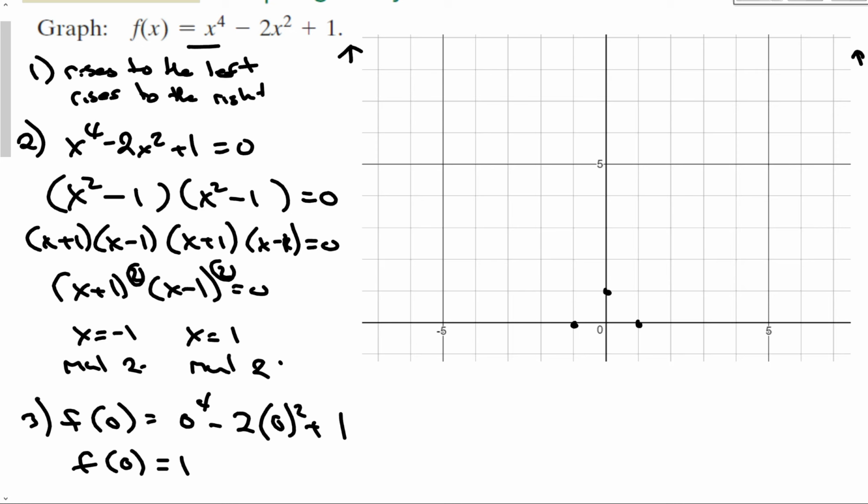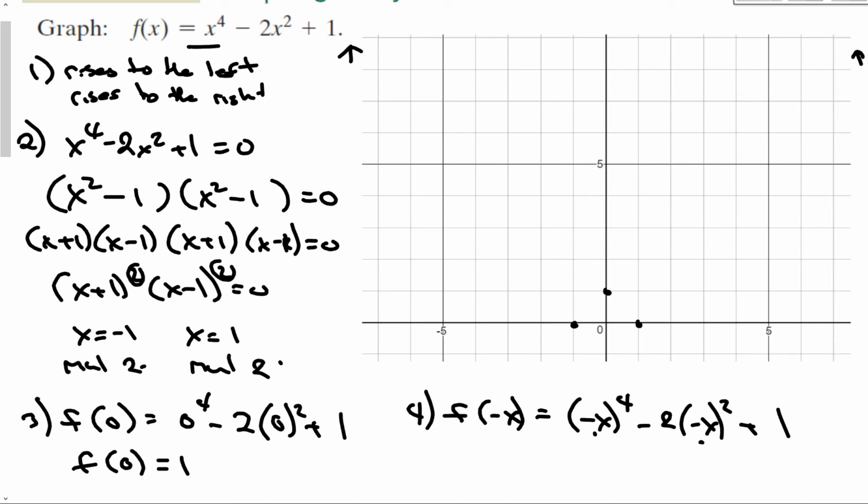And I maybe want a little bit more information. So let's use step 4 and plug in f of negative x to determine whether this function is even or odd, which then gives me negative x to the 4th power minus 2 times negative x squared plus 1. That turns positive, so my function is still x to the 4th minus 2x squared plus 1, which means this function is even.